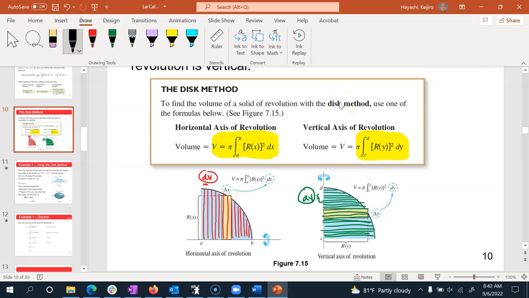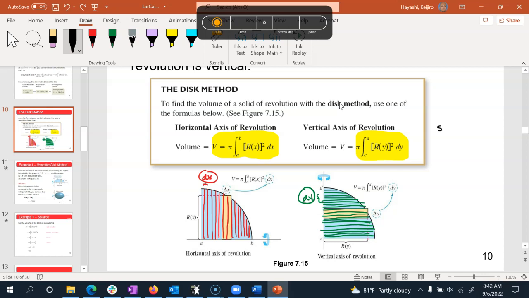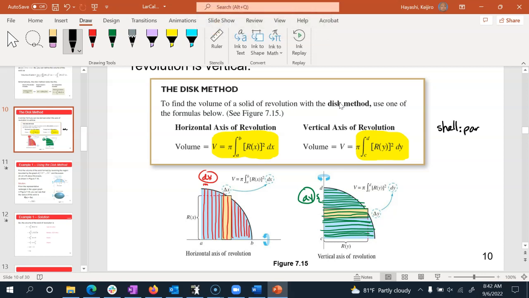But that mnemonic is going to be really only the first part of it works as a mnemonic because disk and perpendicular do not rhyme.